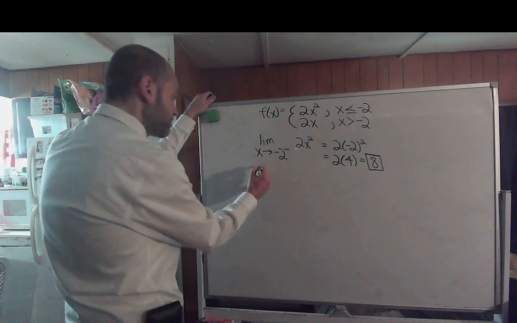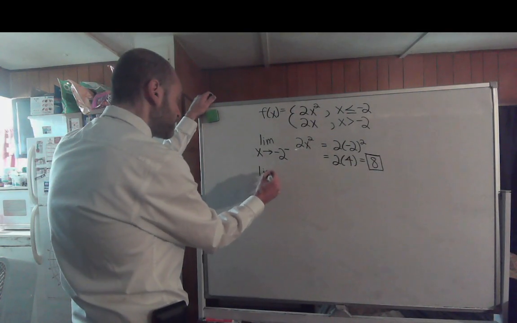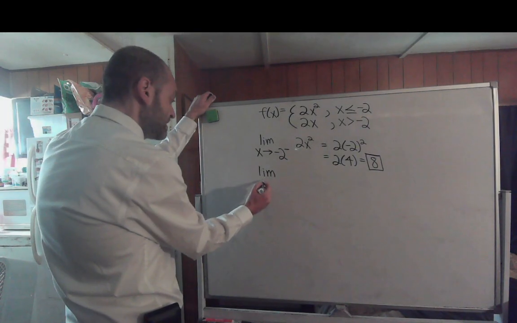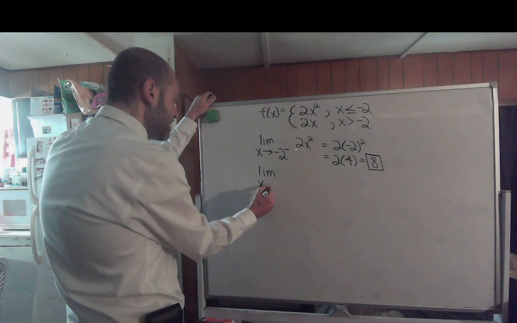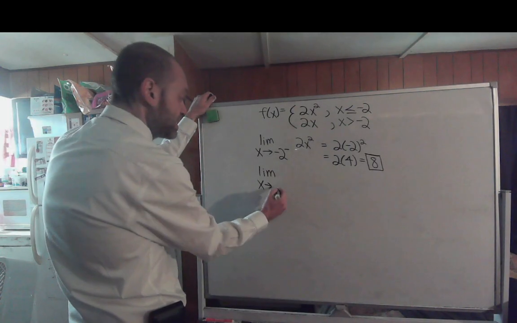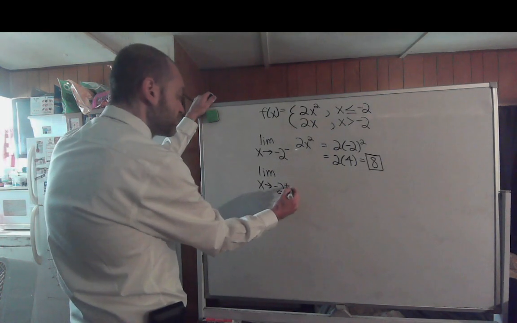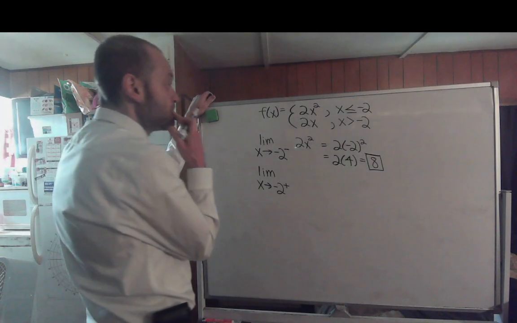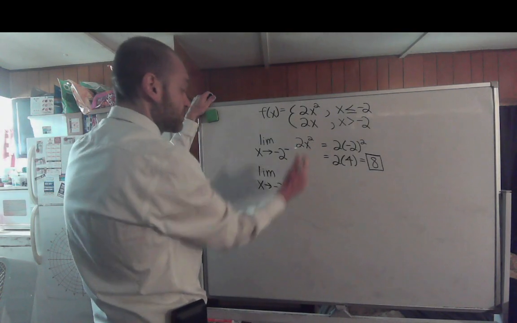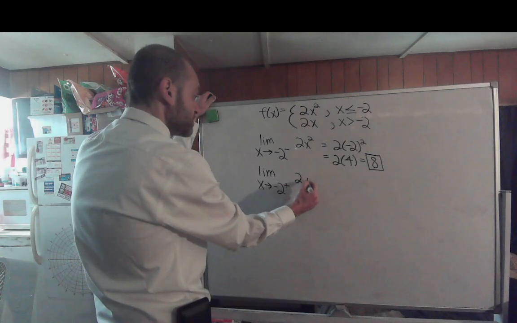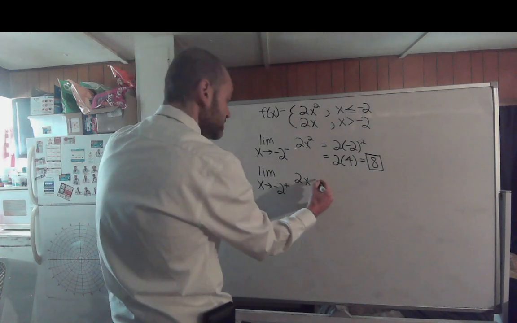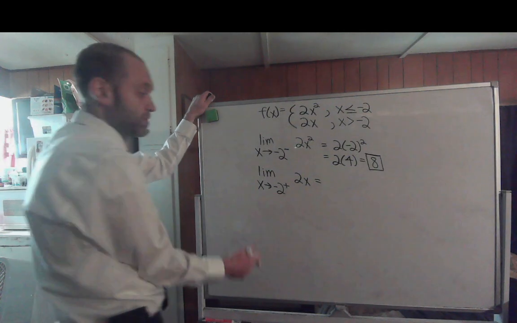Now let's find the right-handed limit, the right-handed limit as x approaches negative 2 from the right. Now, negative 2 from the right would just take on the function 2x, but I can still use direct substitution for this.